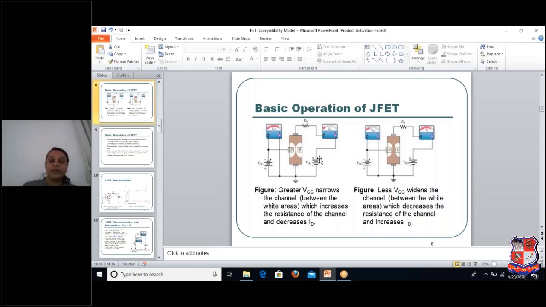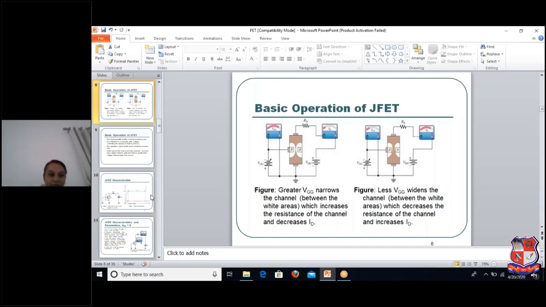As VDD increases, your drain current will increase because maximum current flows through the majority charge carriers present in the N terminal.